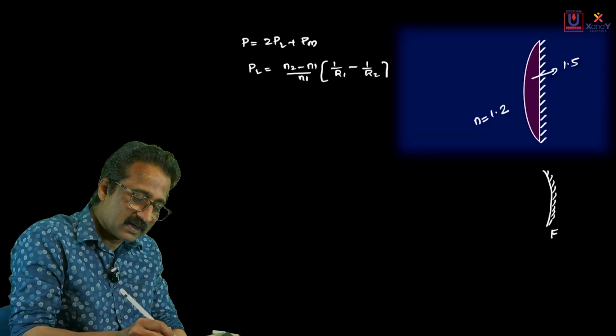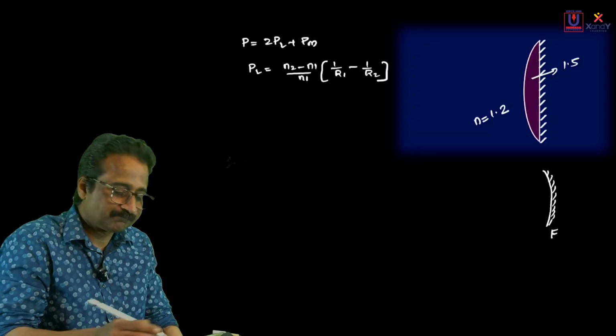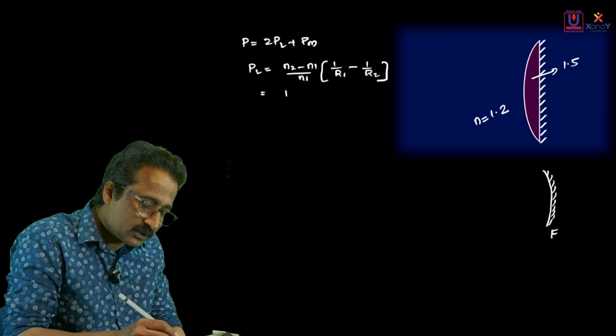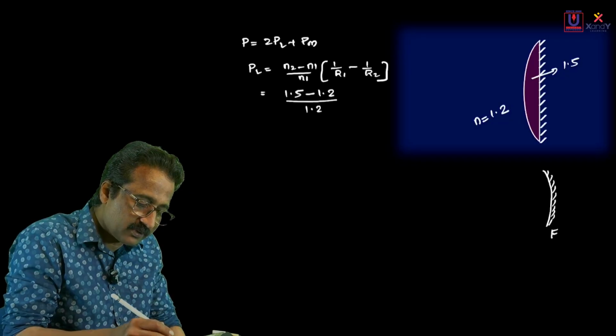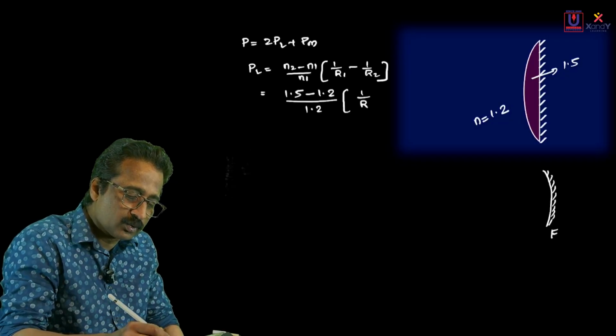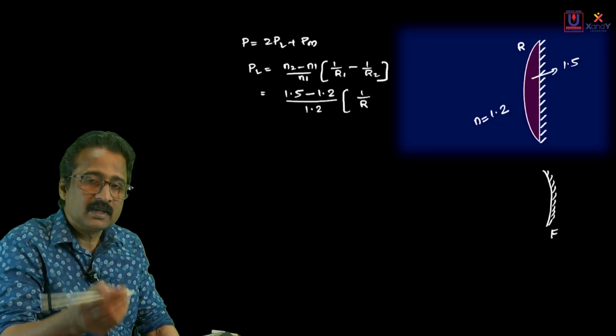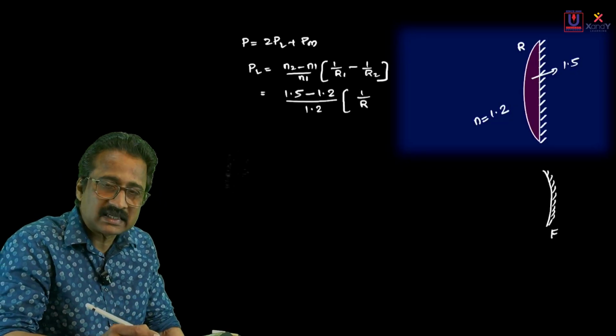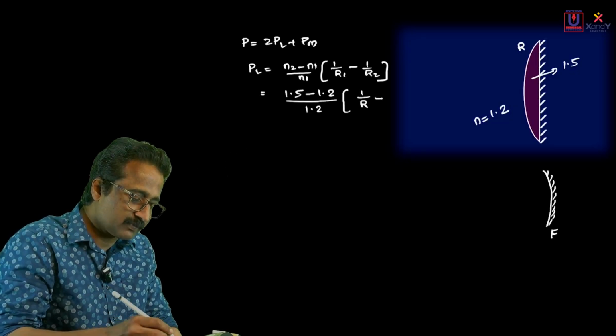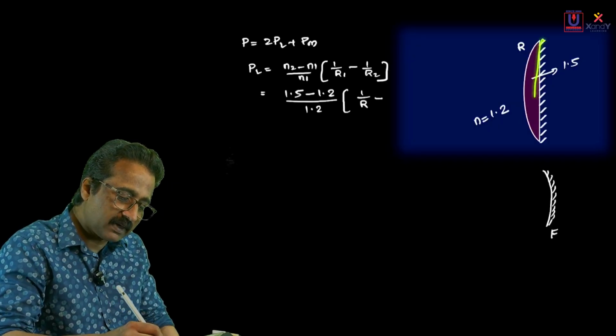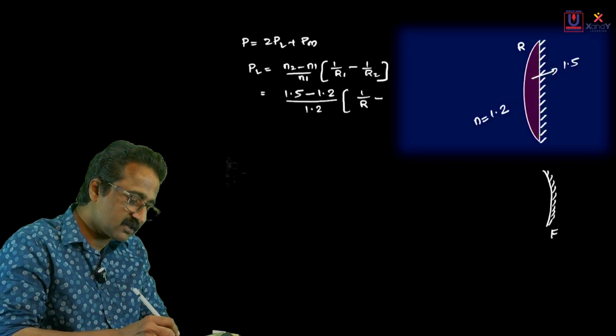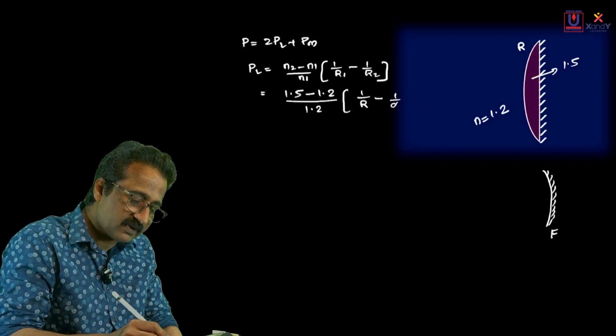That's the way we find the power of the lens. n2 is 1.5 here, minus 1.2, because the surrounding is 1.2, again 1.2, into 1 by the first radius r, whose value is not known to us. Actually, we have to determine what r is. Minus 1 by r2. The second surface, look at it, is a plane surface. When it is a plane surface, certainly the radius is infinity.